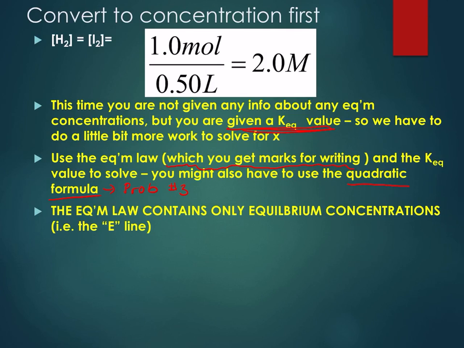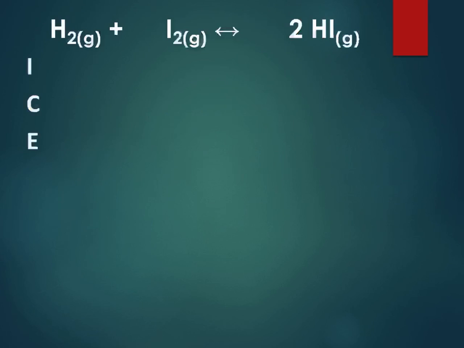Okay, so the equilibrium law contains only equilibrium concentrations. So the information that we're given, this 2 molar up here, this is initial. And so it goes in the I line. Okay, so again, we're going to build our ICE table.